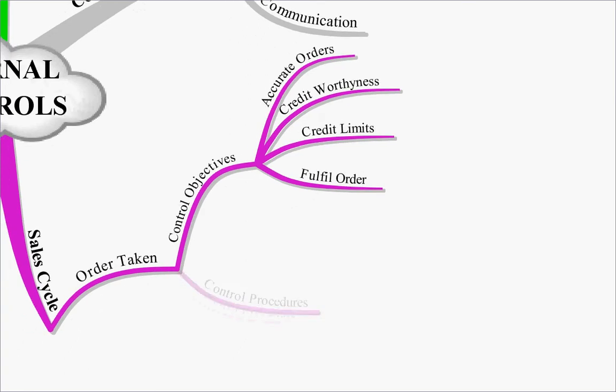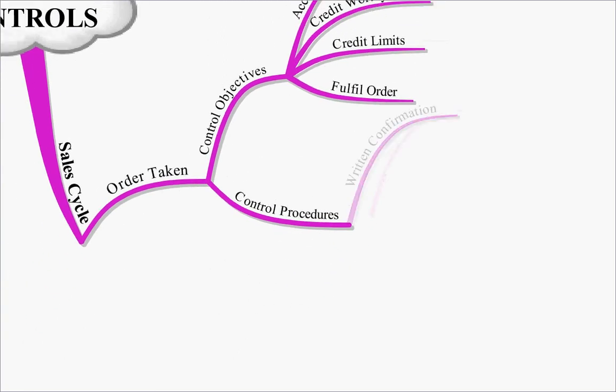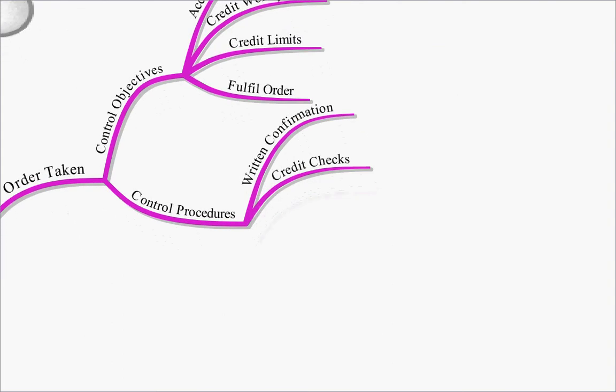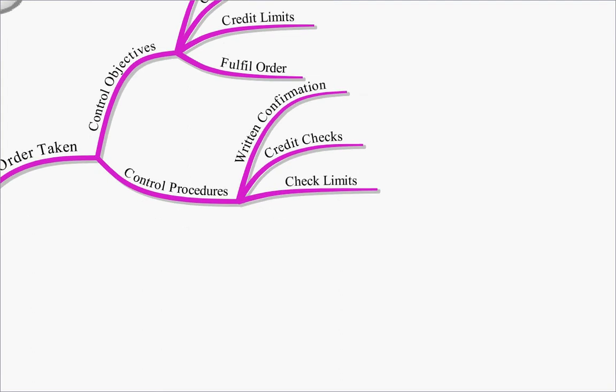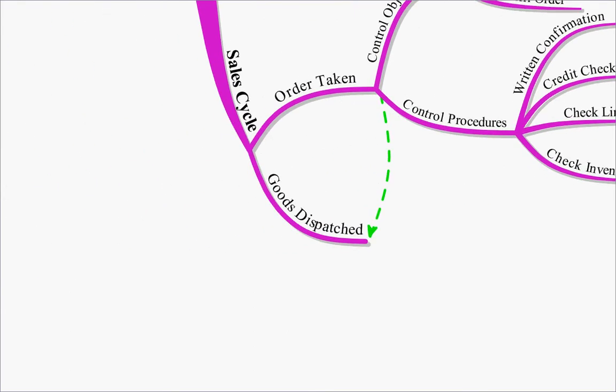So the procedures which will be in place to ensure that this happens: you're going to get written confirmation of every order, you're going to undertake credit checks of all customers, you're going to check the credit limits before you process the order, and you're going to check the inventory to make sure that you have the goods in place to deliver.